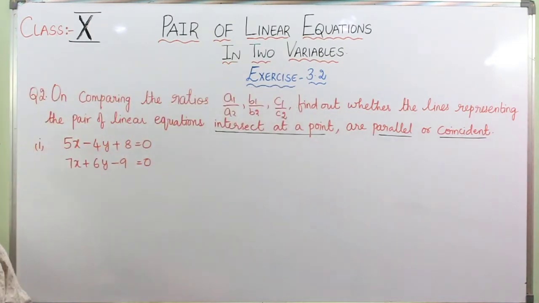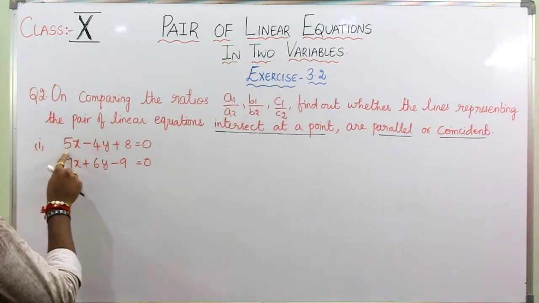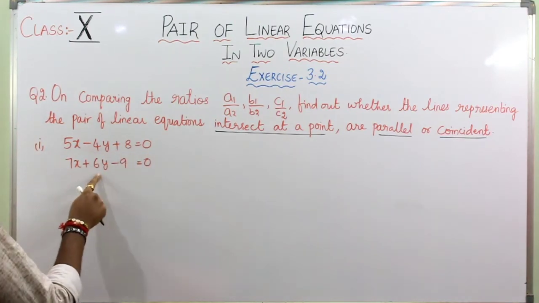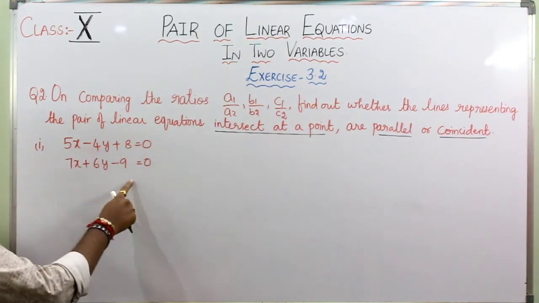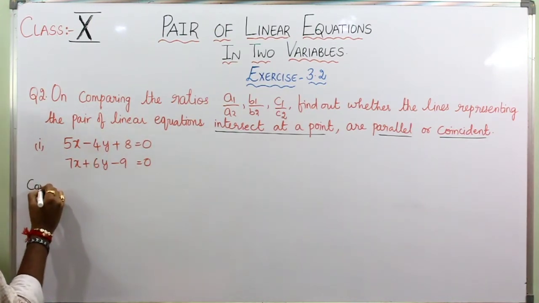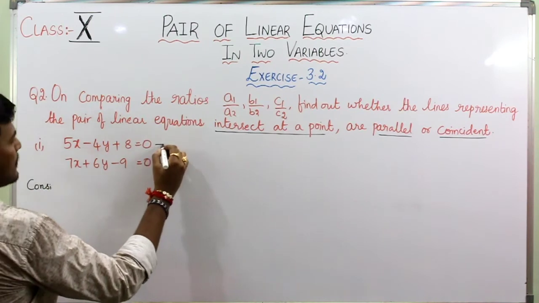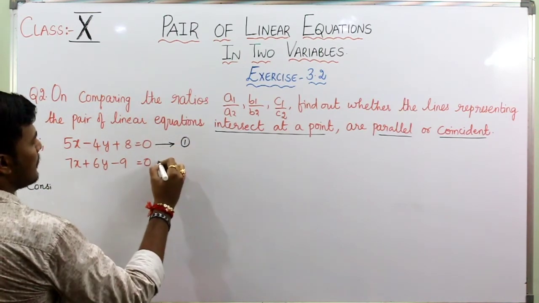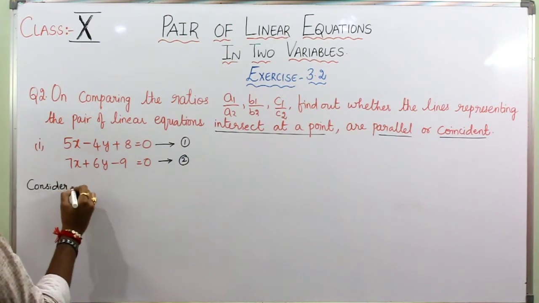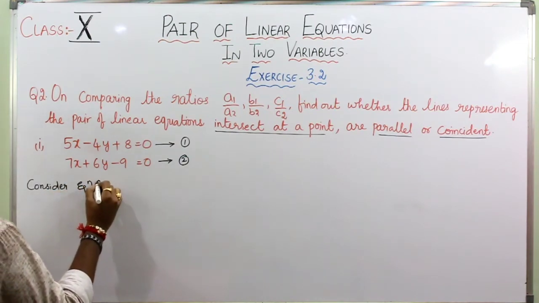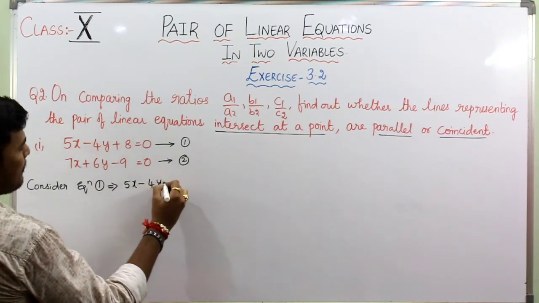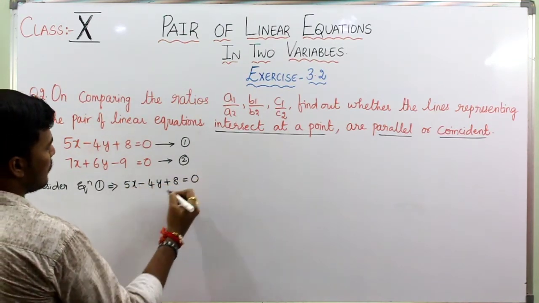Okay, so the given linear equations are 5x minus 4y plus 8 is equal to 0, and 7x plus 6y minus 9 is equal to 0. Let us name these as equation number 1 and equation number 2. Consider equation number 1, that is 5x minus 4y plus 8 is equal to 0.